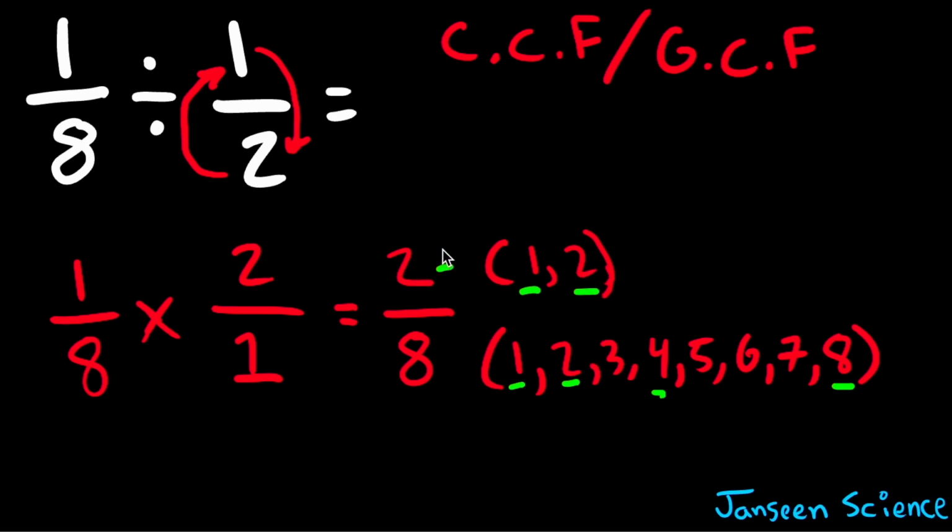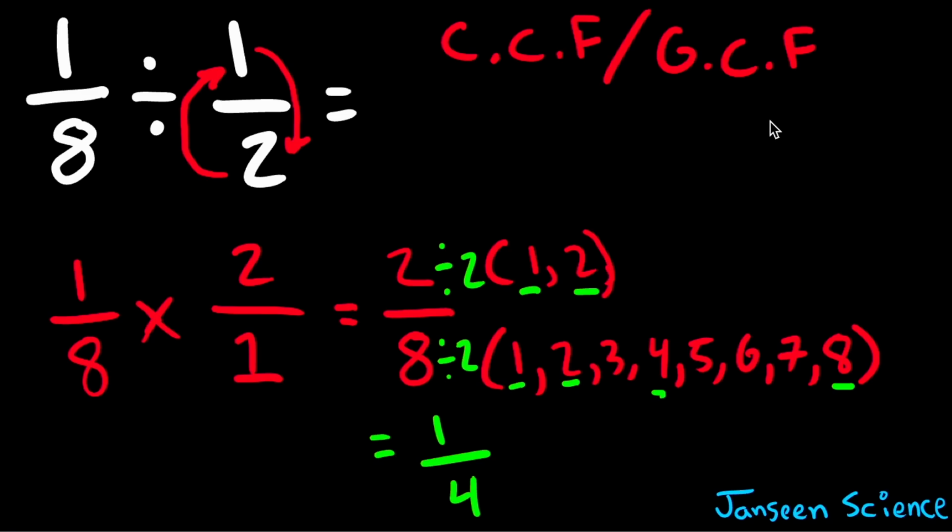So 2 divided by 2 is 1. 8 divided by 2 is 4. And that is your simplest term answer, 1 over 4. And there you go.